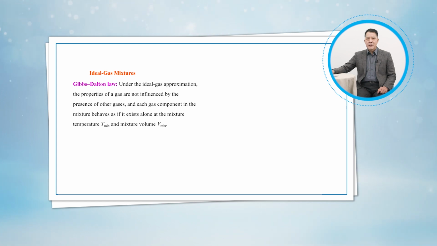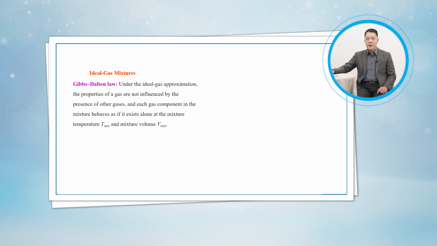Under the ideal gas approximation, the properties of a gas are not influenced by the presence of other gases, and each gas component in the mixture behaves as if it exists alone at the mixture temperature and mixture volume. This principle is known as the Gibbs-Dalton law, which is an extension of Dalton's law of additive pressure.